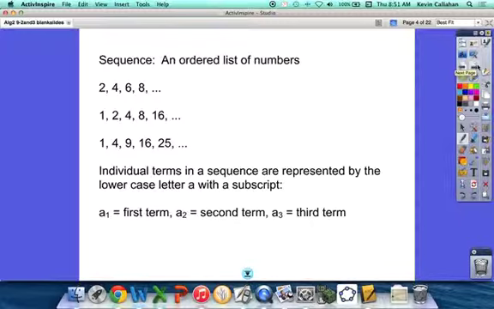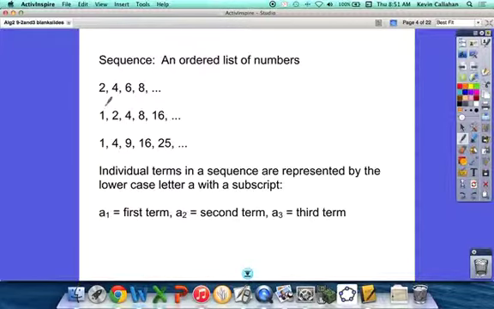Okay, so individual terms in a sequence are represented by a lowercase letter a with a subscript. So a with a subscript of 1 means the first term in the sequence. In this one here, A1 is 2. And in this one, A1 is 1.